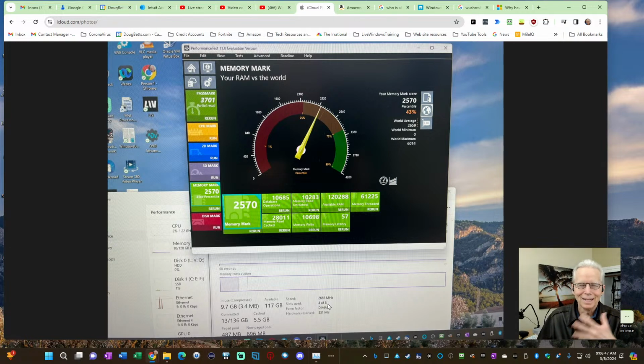Now, another piece of this: if you know the XMP speeds, all you have to do is look at that number and you know instantly that XMP is off, because 2666, correct me if I'm wrong, is never the speed with XMP on. That's always one of the standard base clock speeds, right?